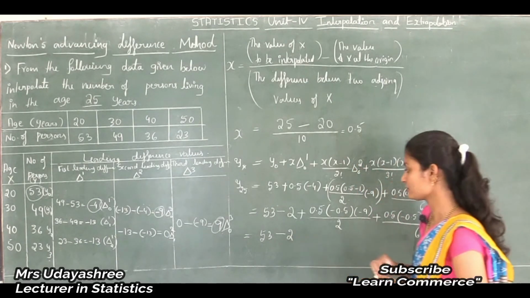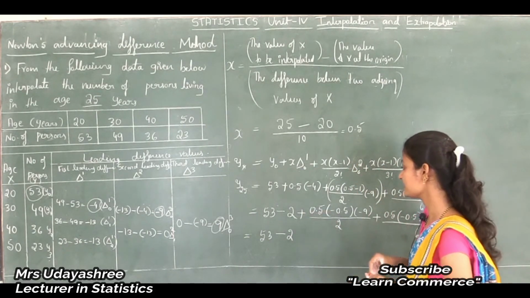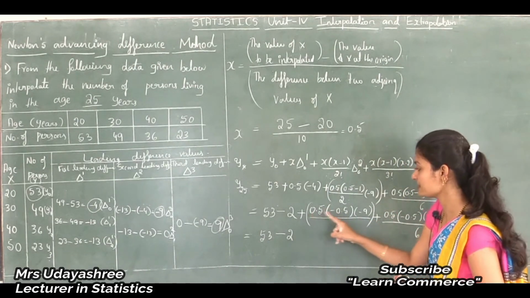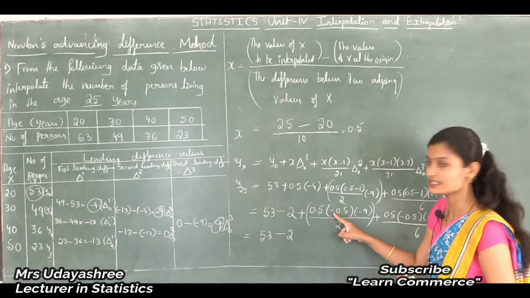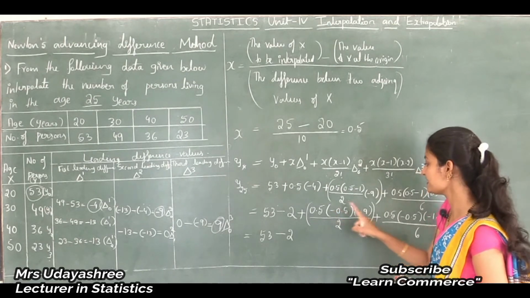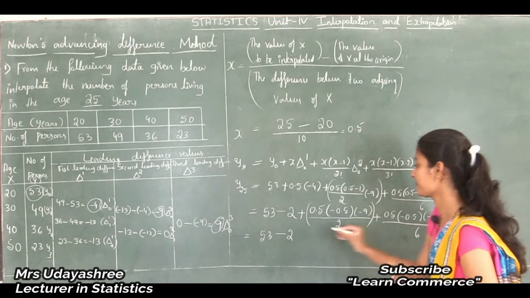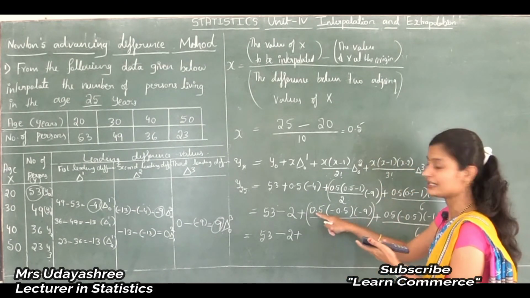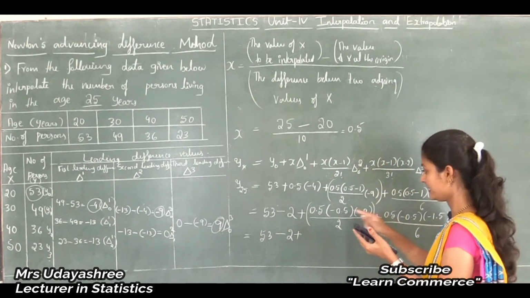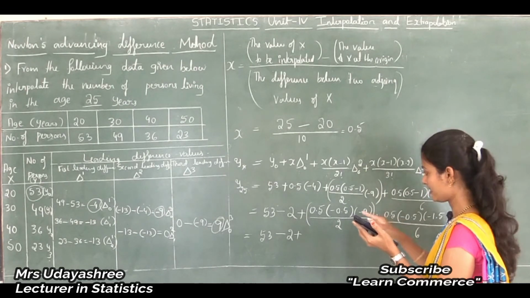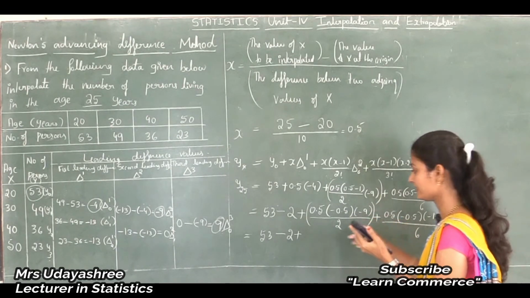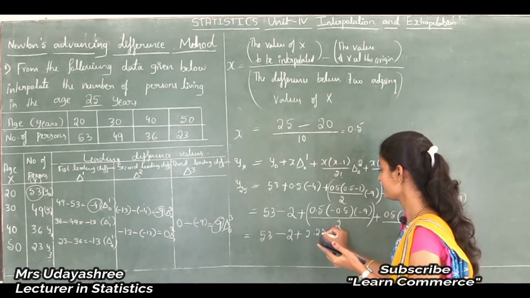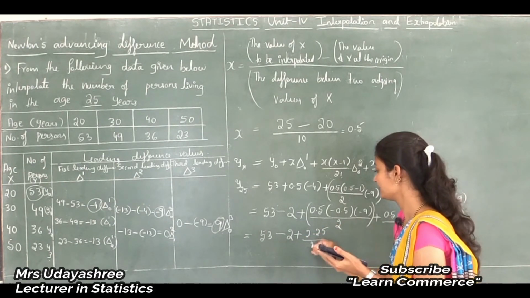Next, this is one term. Here plus into minus is minus, then minus into minus is plus, so the sign is plus. Now I will multiply the values: 0.5 into 0.5 into 9 is 2.25, divided by 2.